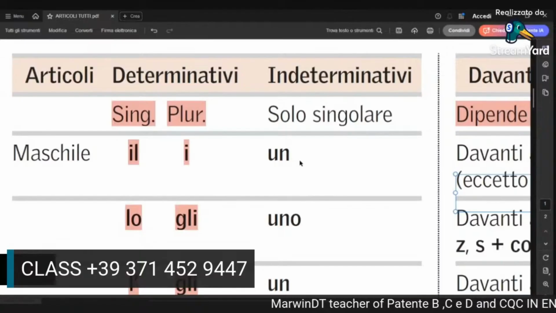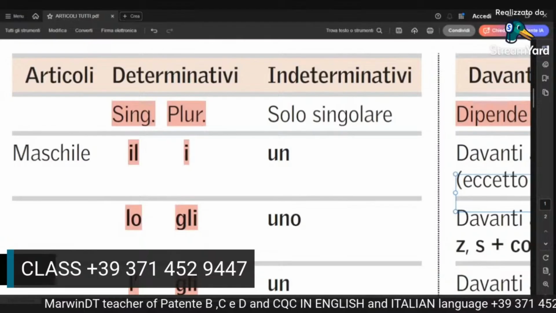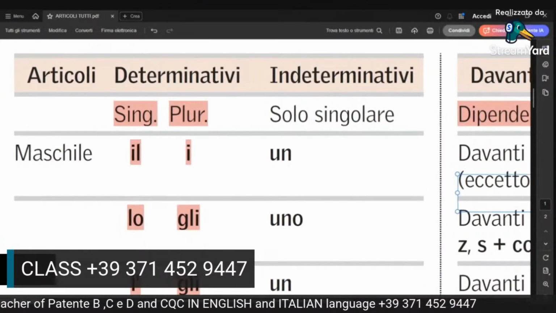That's the reason. So you have to be very careful on how the words start.